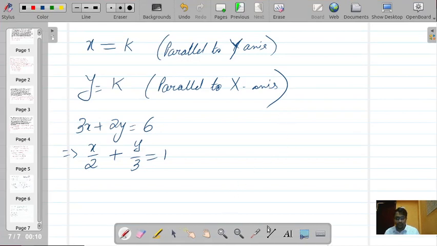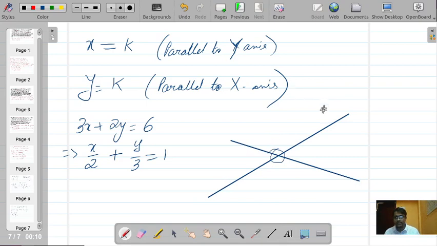Suppose the lines actually intersect at this particular point, but if you do not mark the axes nicely, you may get that they intersect somewhere here. That will affect your result of the graphical solution. So it's very important to draw the graph neatly and mark the axes in an equidistant manner.